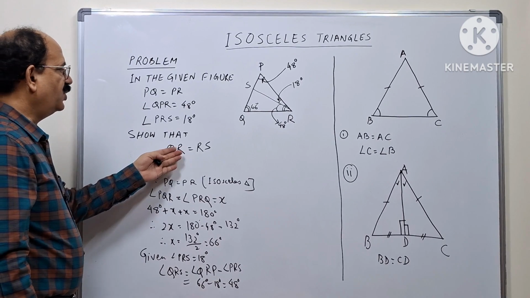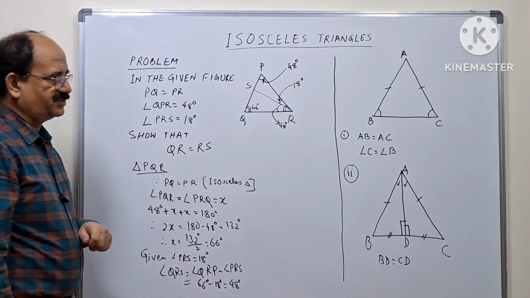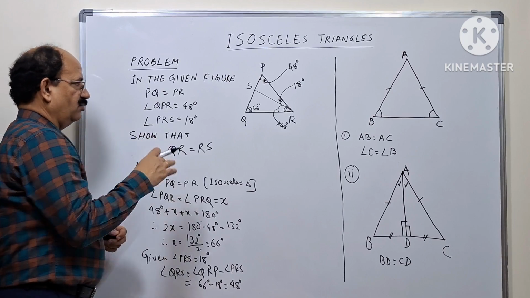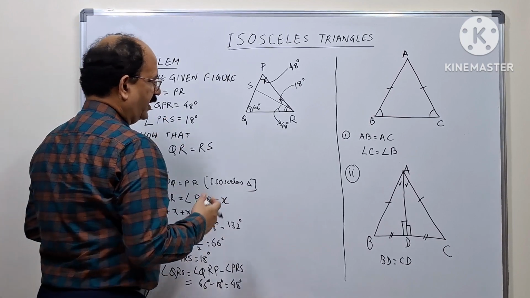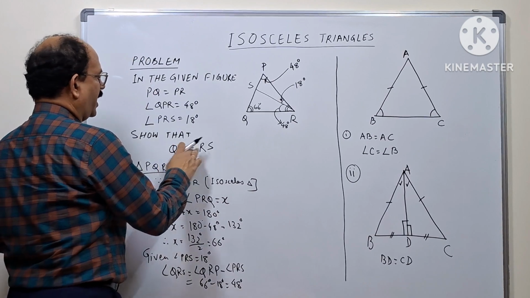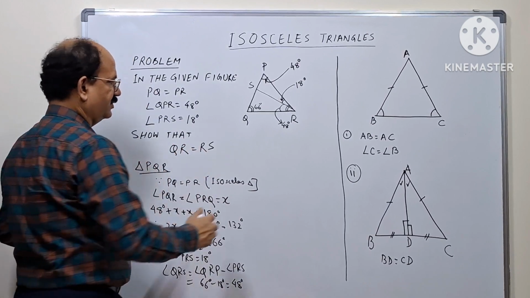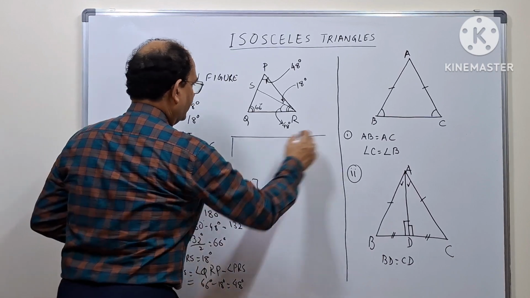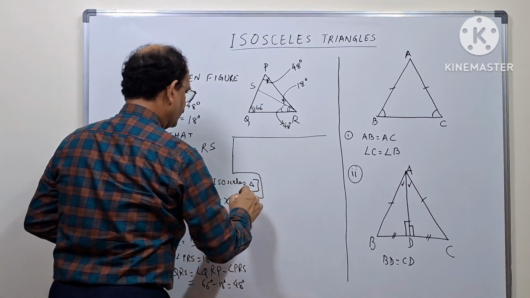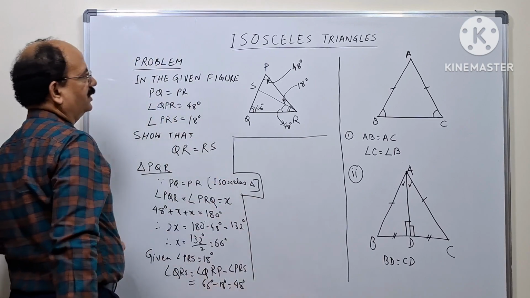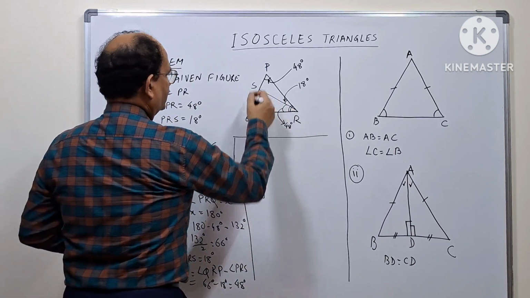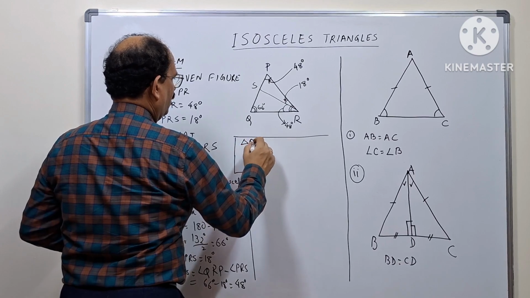You have to prove QR is equal to RS. Now we will have to look for another triangle in which QR and RS are sides. So let us focus on that triangle now. QRS is this triangle, triangle QRS.